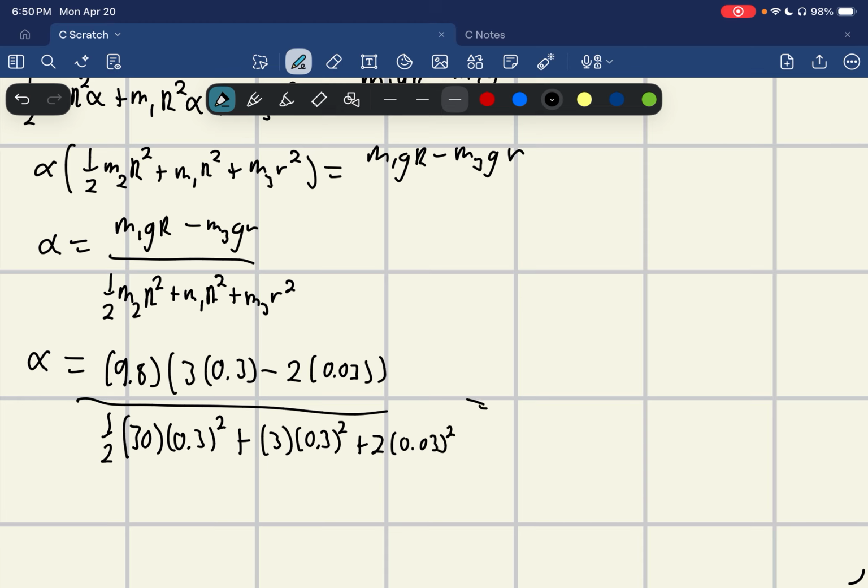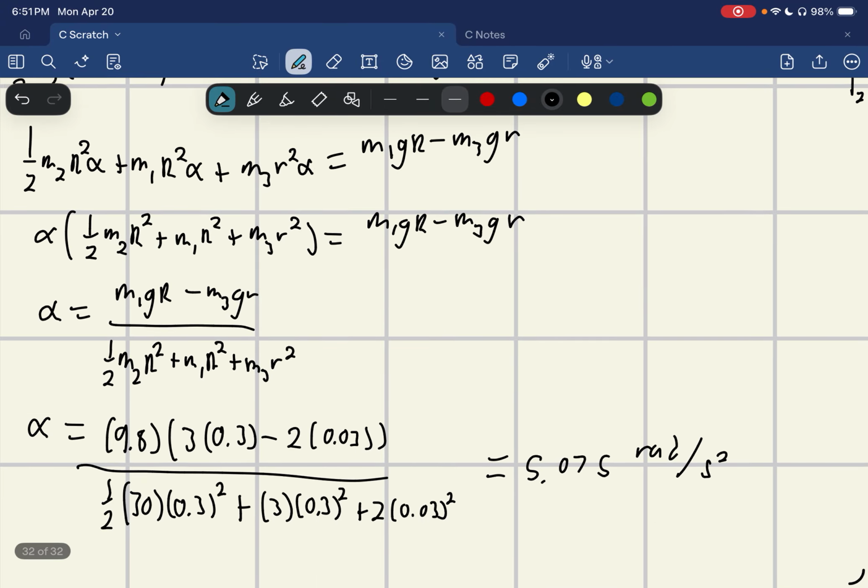And then we'll plug this into the calculator. Plus 3 times 0.3 squared plus 2 times 0.03 squared. And then you will get 5.075 rad per second squared.